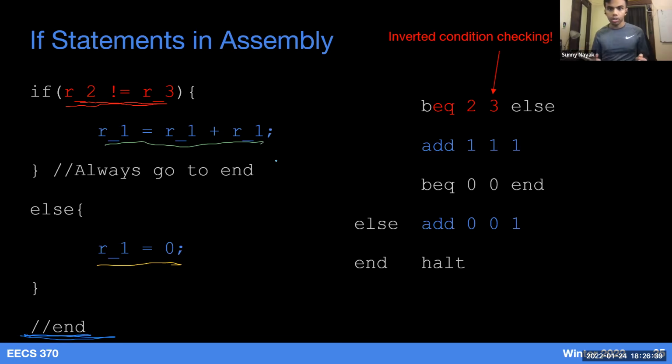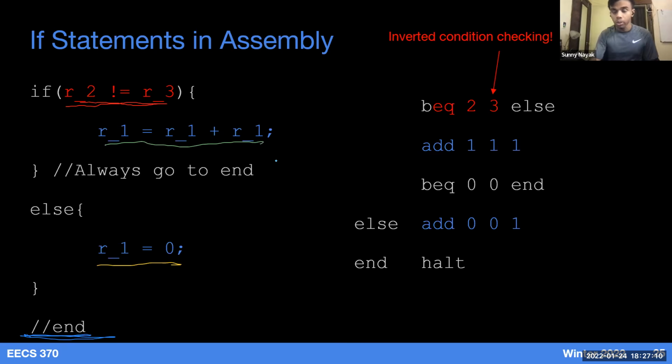So let's take a look at how we could perhaps do this in LC2K. So recall the one instruction that does comparison for us and allows us to branch based on that is the BEQ instruction. Right here in our condition in this case, we are trying to compare whether register 2 is not equal to register 3.